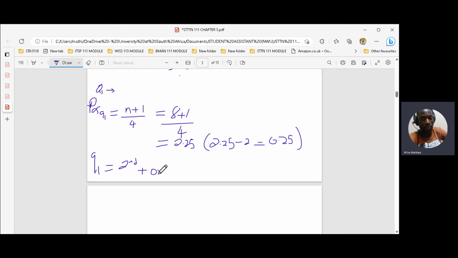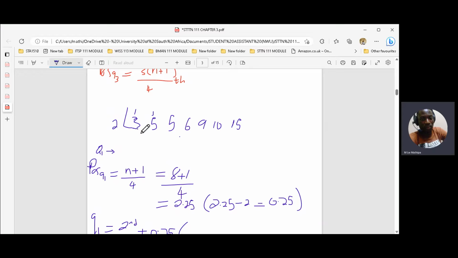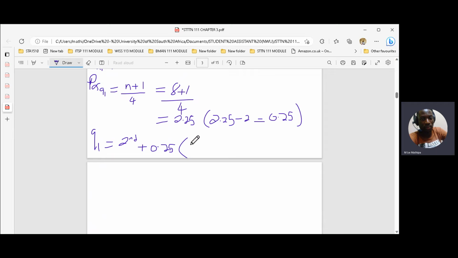So therefore, Q1 is equal to the second position plus this 0.25 into, don't forget, the third position minus the second position.